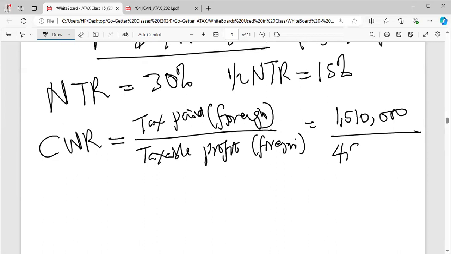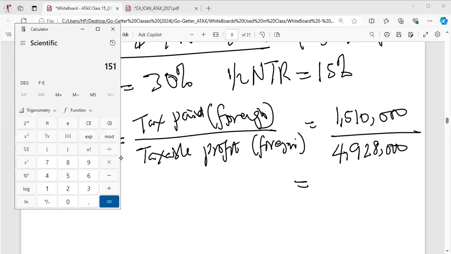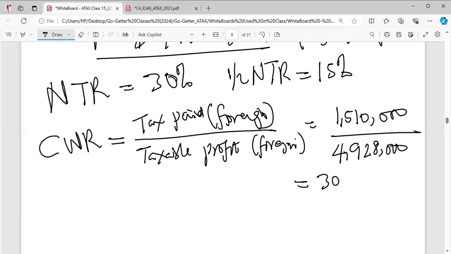When you do that, 1510 divided by 4928 multiplied by 100%, you have it at 30.64%.